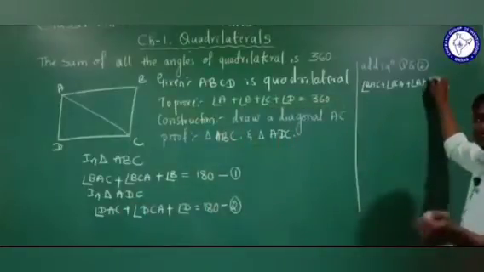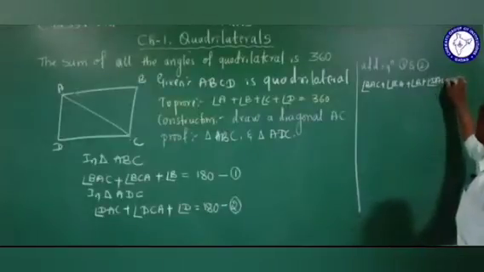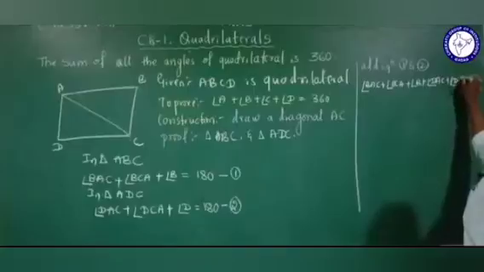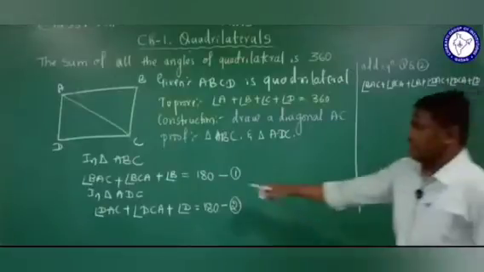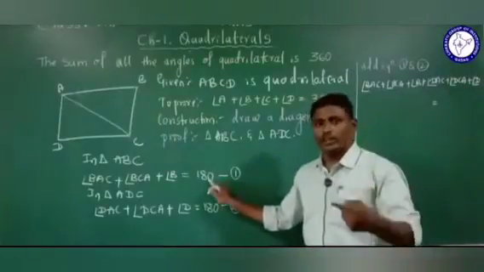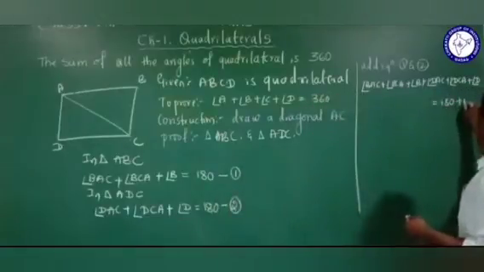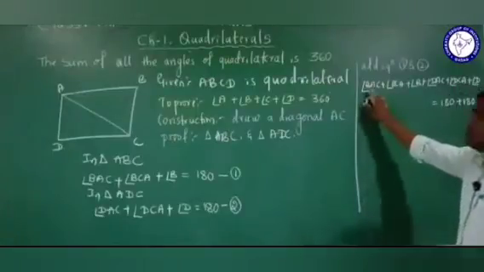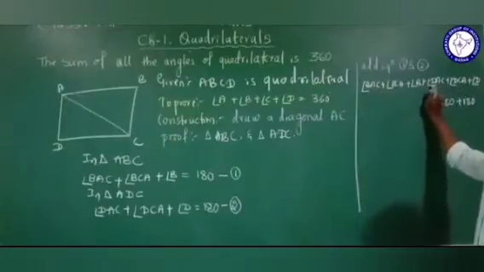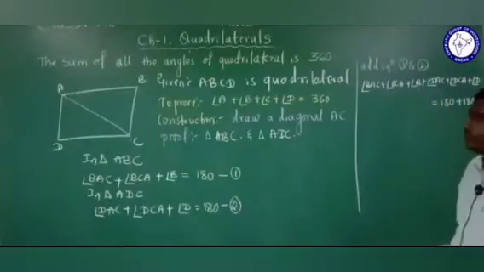Angle DAC plus angle DCA plus angle D. Now write the RHS part. In equation 1 it is 180 degrees, in equation 2 also 180 degrees. So 180 plus 180. Clear? By adding the two equations, we get this kind of statement.